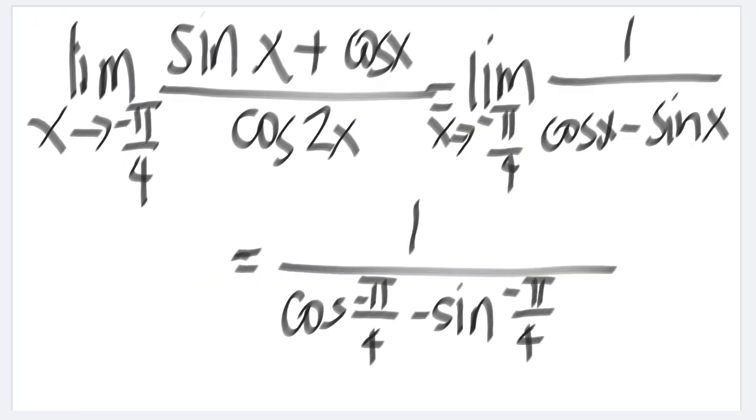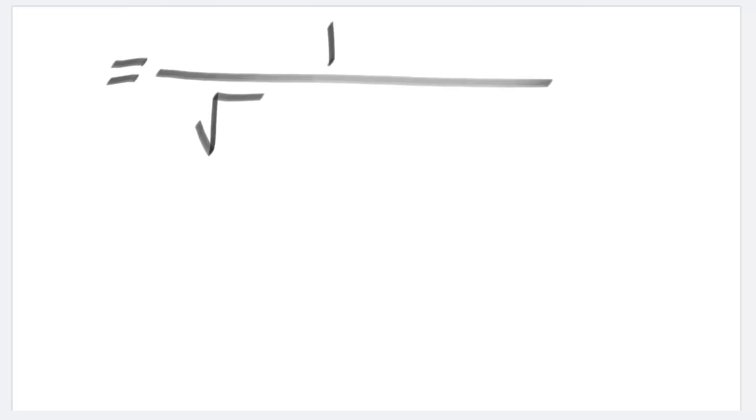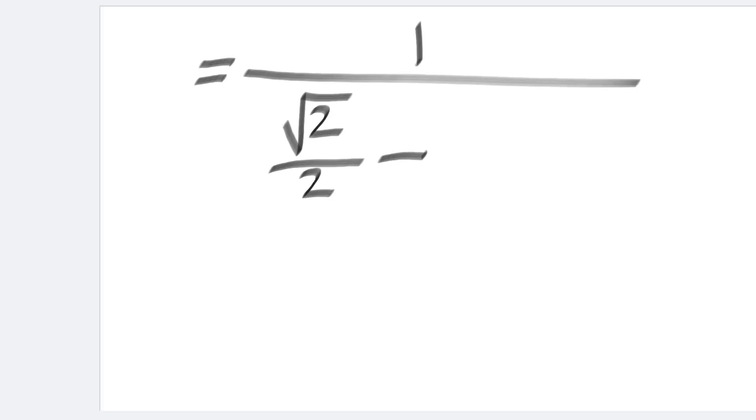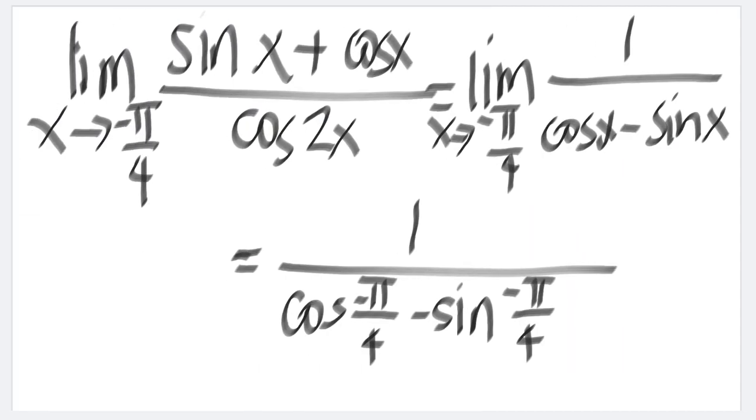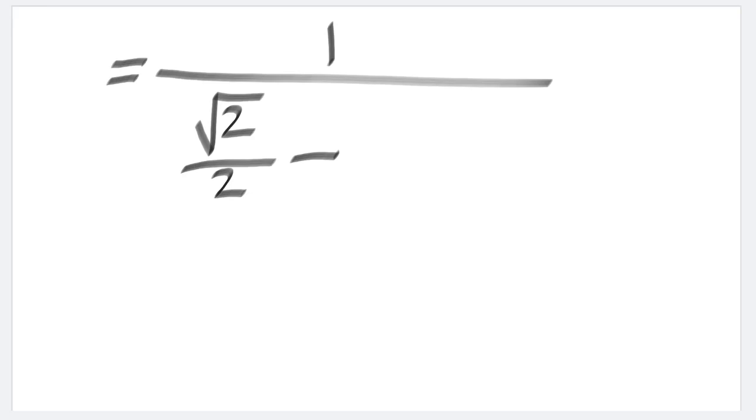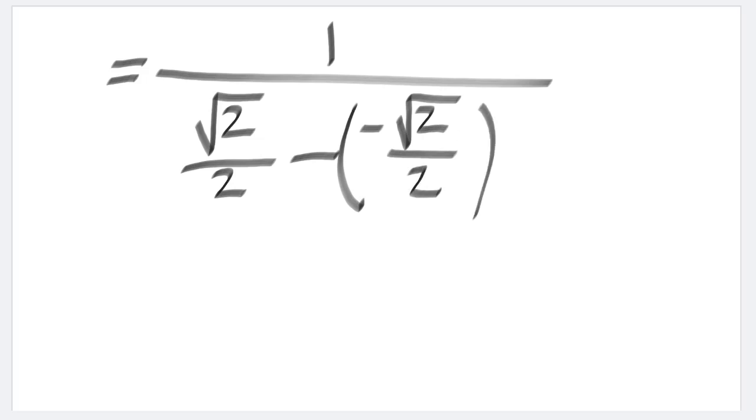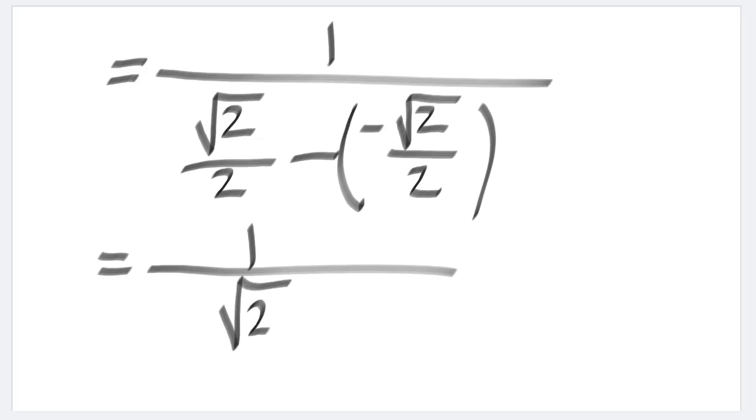And this is equal to 1 over, we know that cosine negative pi over 4 is equal to positive square root of 2 over 2, minus, we know that sine negative pi over 4 is negative square root of 2 over 2, so minus negative square root of 2 over 2, and this is equal to 1 over square root of 2 plus square root of 2 all over 2, that would be square root of 2.